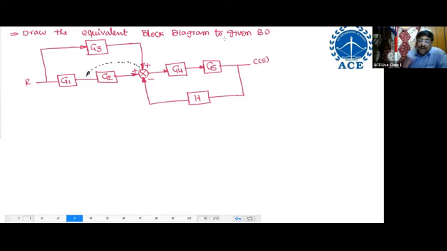So here, listen, it is very important because many students used to mug up equivalent diagrams in BTech. No need to mug up. So easily we can draw the equivalent block diagrams.